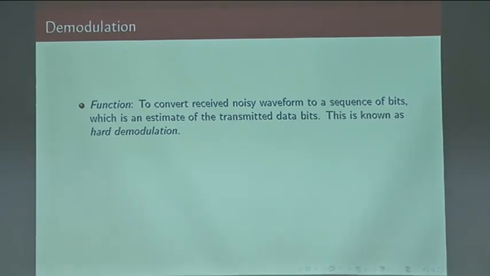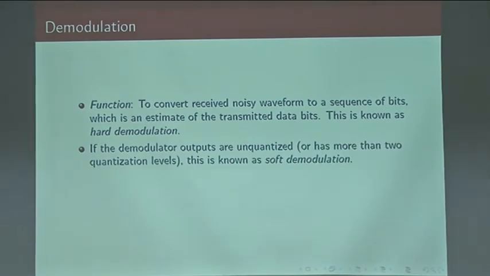Now, the function of demodulation is to take this noisy received waveform and convert it to a sequence of bits, in such a way that we try to estimate what the transmitted bits are. Hopefully most of the time we're going to get the bits correct. Sometimes we'll get them incorrect, and this is where that epsilon error probability on the binary symmetric channel comes in. So this is known as hard demodulation. If the receiver takes a waveform corresponding to each symbol and produces an estimated bit, it's called hard demodulation or hard decision.